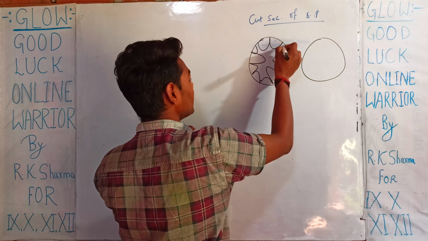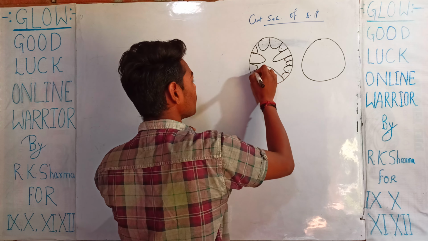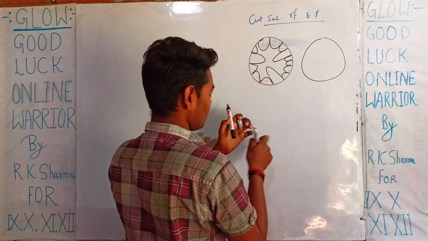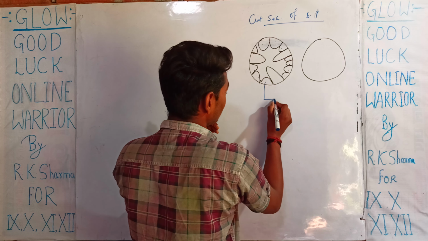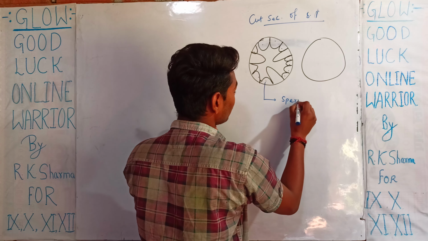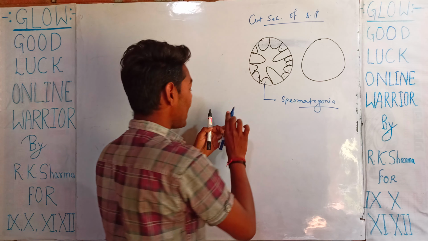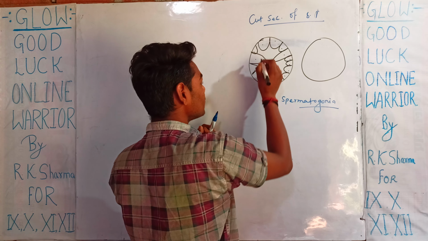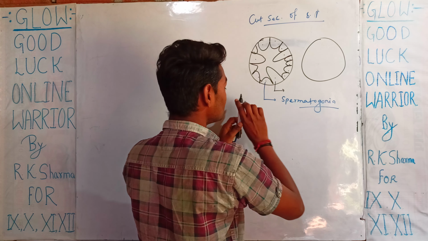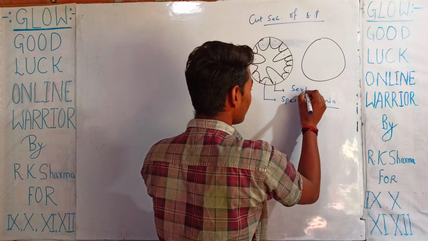This cell is known as spermatogonia. And this columnar-like cell is known as the Sertoli cell.